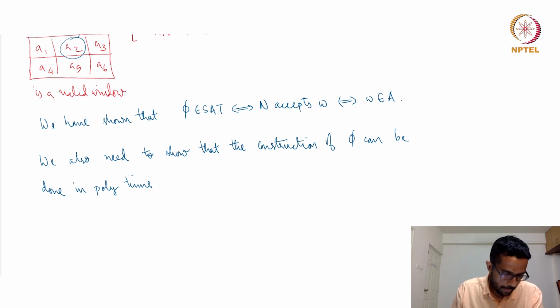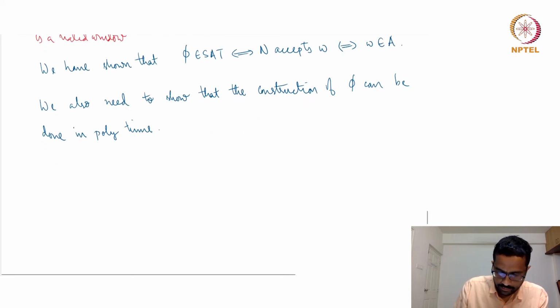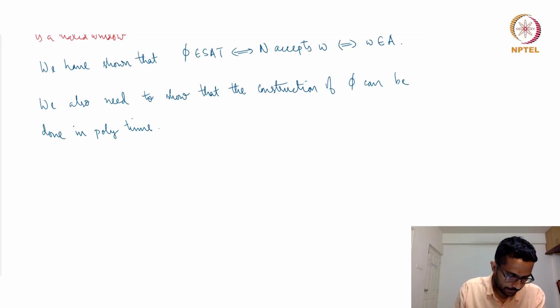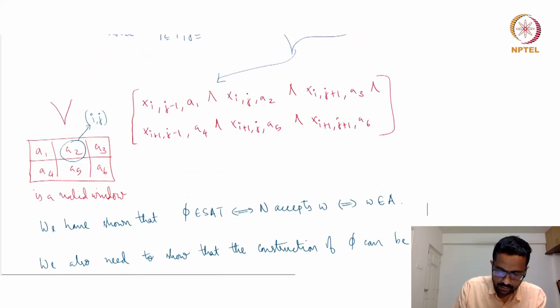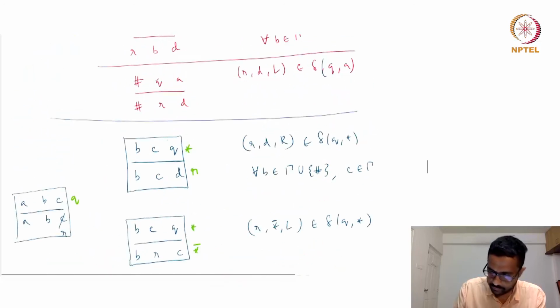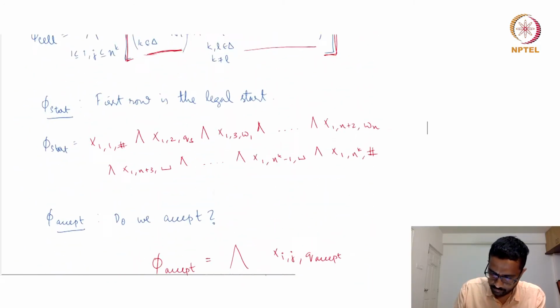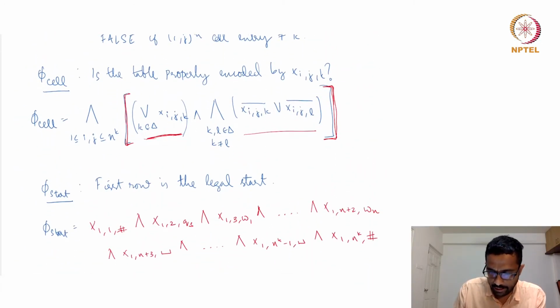Let's start with each of these parts of phi. Let's start with phi cell. It's in polynomial time. Phi cell is a big AND over i comma j. So there is n power k times n power k, and inside this is of size delta, and this is maybe of size delta squared.